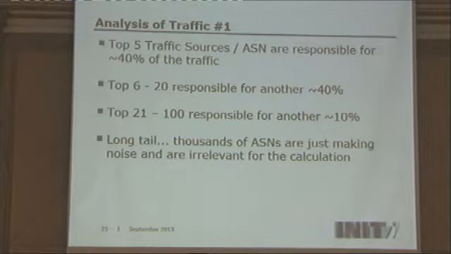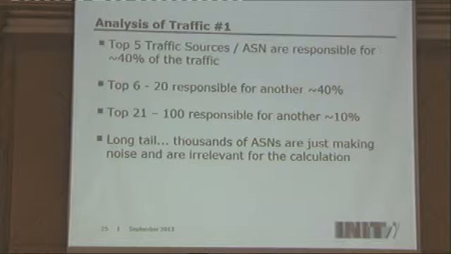Let's assume this example ISP we were talking about a minute ago finally has the analysis of their traffic. And, surprise, surprise, the top 5 traffic sources, or ASNs, are probably responsible for about 40% of the traffic.